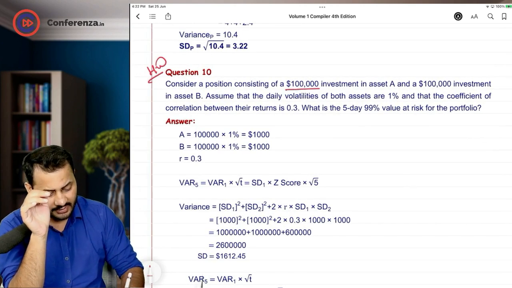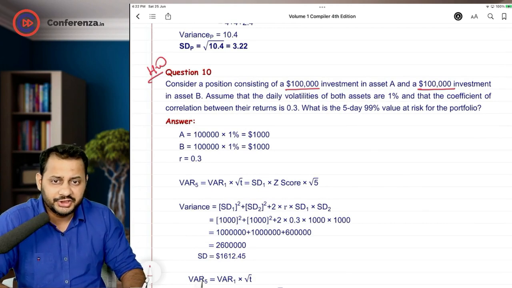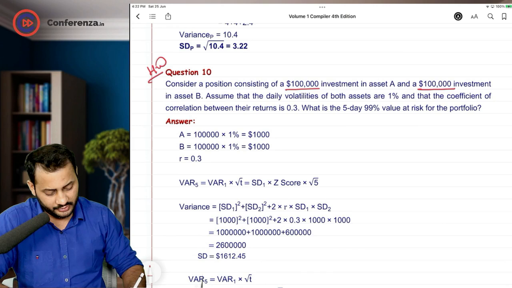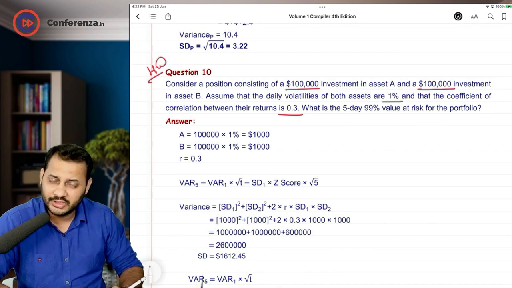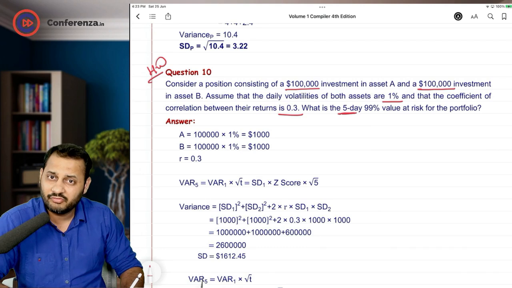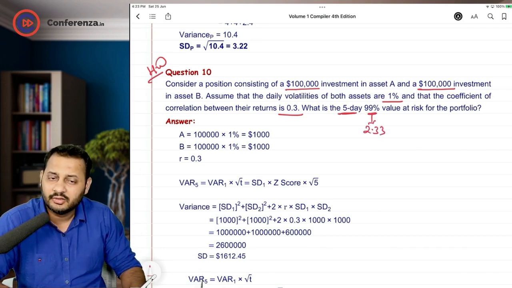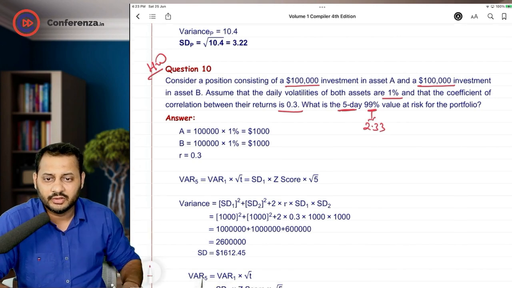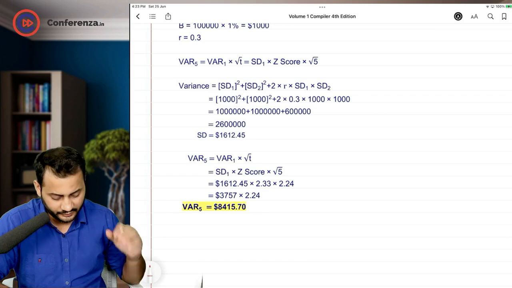Instead of 200 lakh, they have invested 1 lakh only in each A and B. They have 1% standard deviation each, like the previous question. The coefficient of correlation is also the same as the previous question. Instead of 10 days, they want you to calculate the 5-day VAR at 99%. The value is 2.33. Are you getting it? So you will go through it again and you will find out this is the answer. Okay.